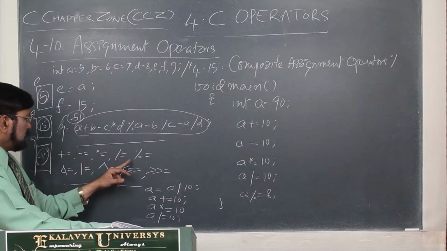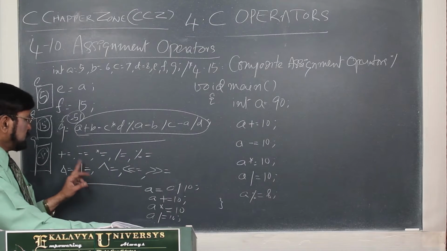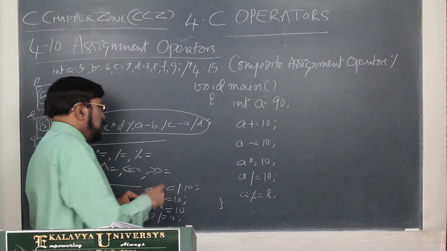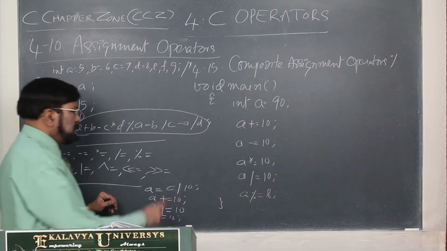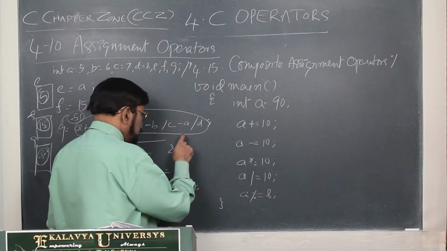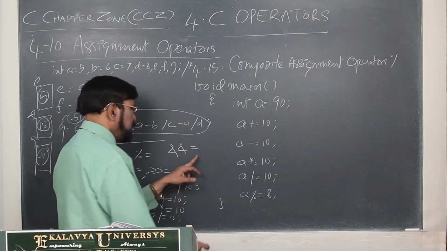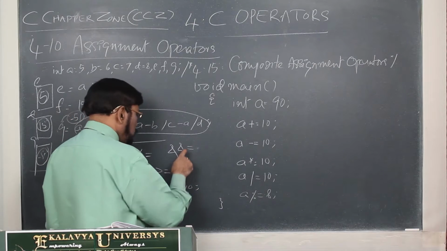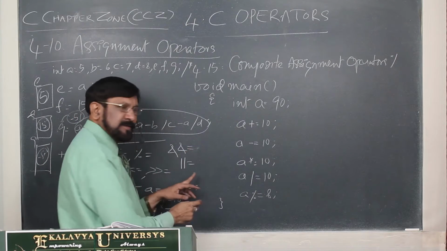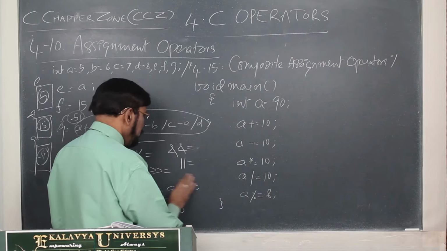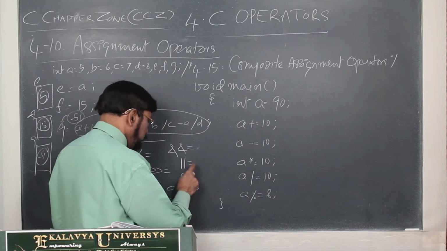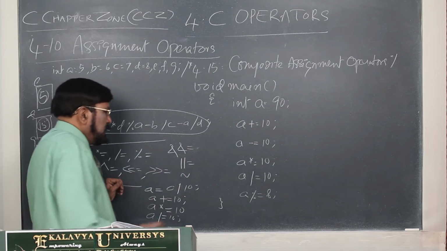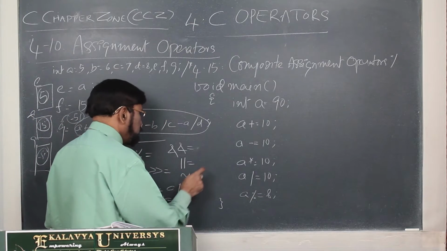And all these are composite operators. These are 10 operators. In this context, one thing I have to tell you, you remember: logical AND equal to is not there. Logical OR equal to is not there. And in bitwise, I am going to introduce one operator called the complement operator. Complement equal to is also not there.